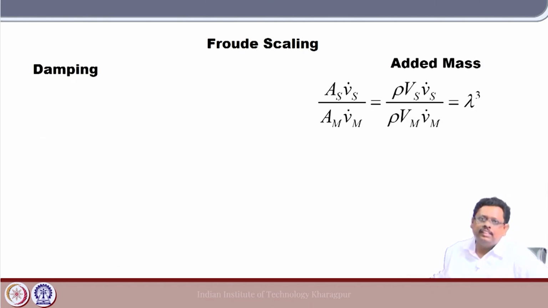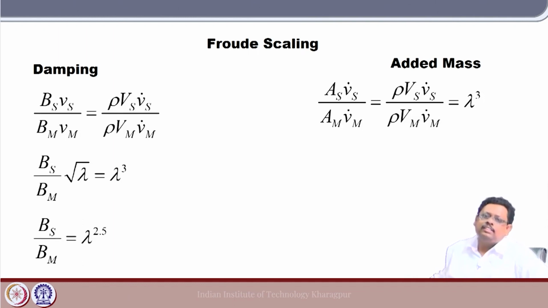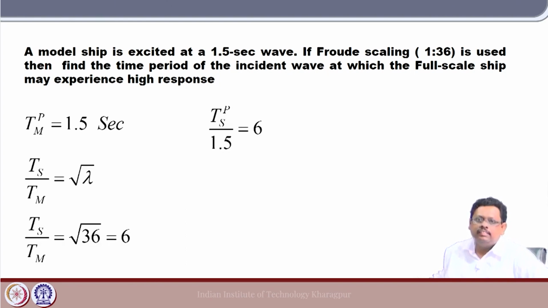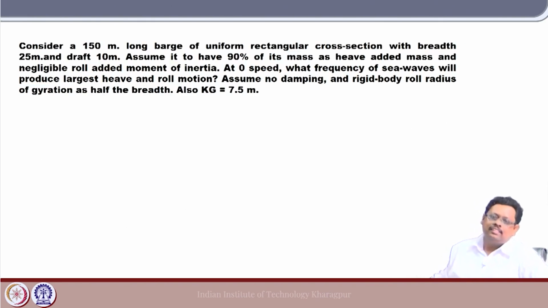Today we are also going to discuss some more problems. So, let us take the next one. It says: consider a 150-meter long barge with uniform rectangular cross section. That means each cross section is uniform, and the breadth is 25 meter, and the draft is 10 meter.